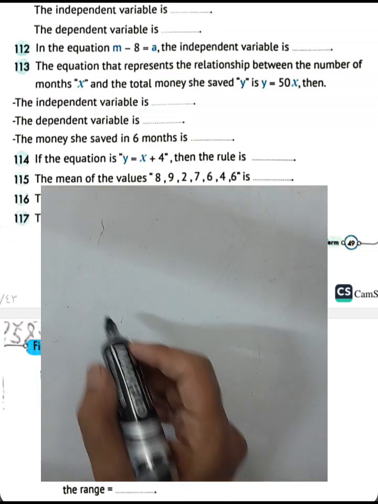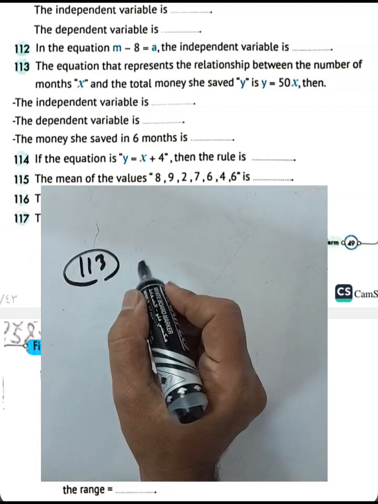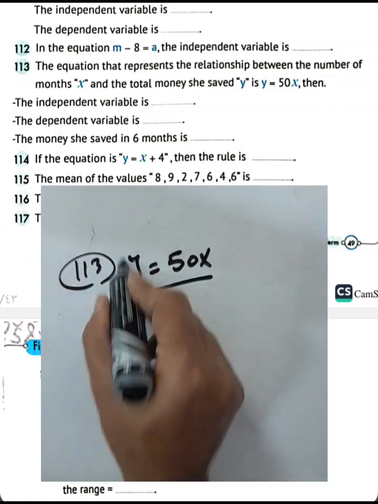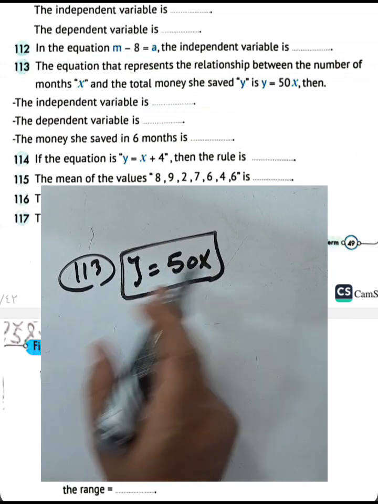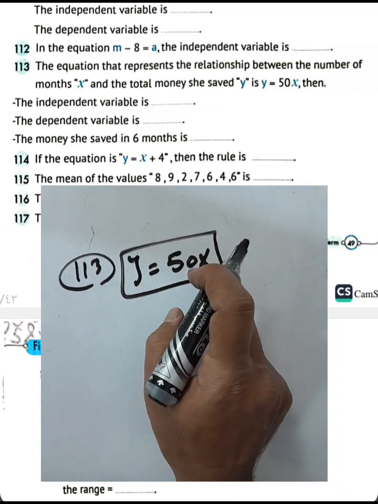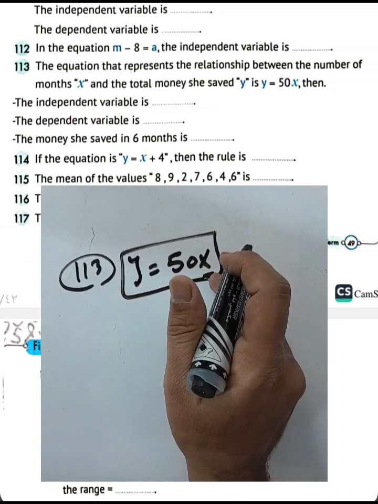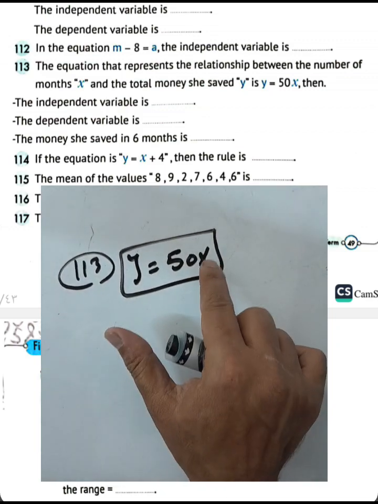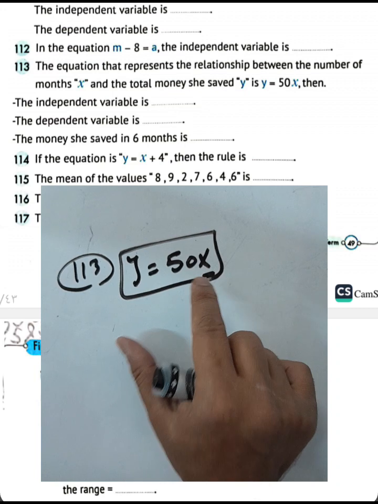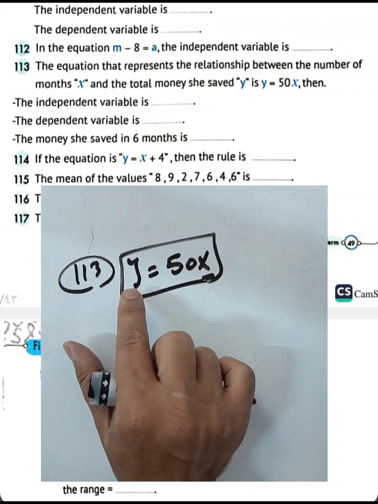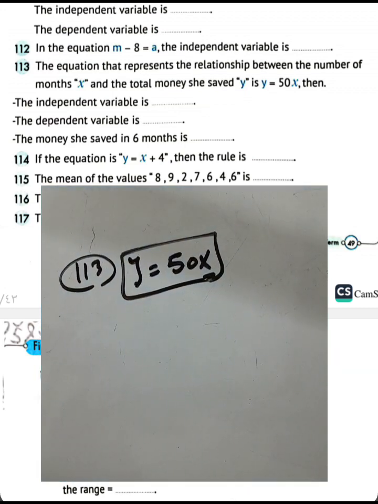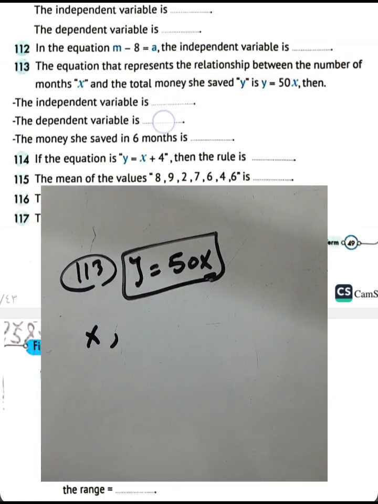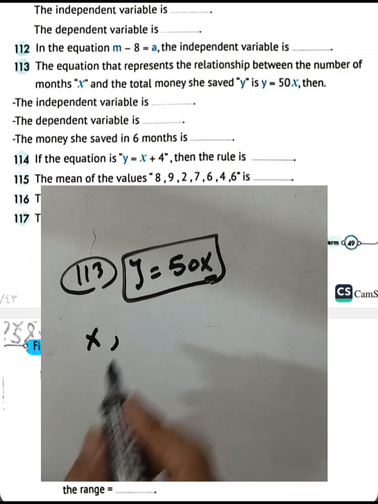He gives us this equation y equals 50x, y is the total and x is the variable factor, we call it input, and output will be y. Input here x we call independent, so the independent is x and dependent will be y. So you must write x in the first space, and in the second space write dependent variable, it will be y.